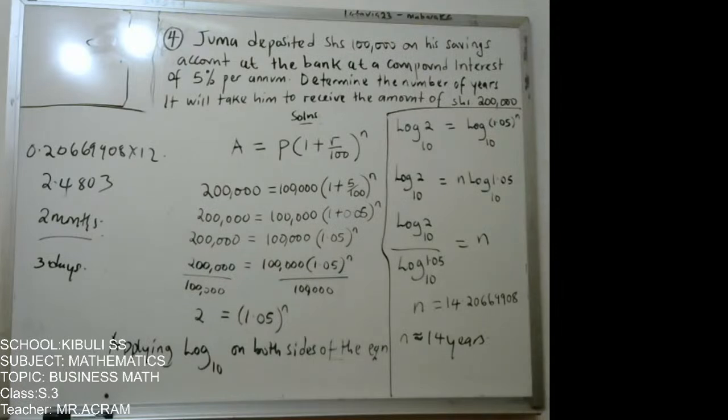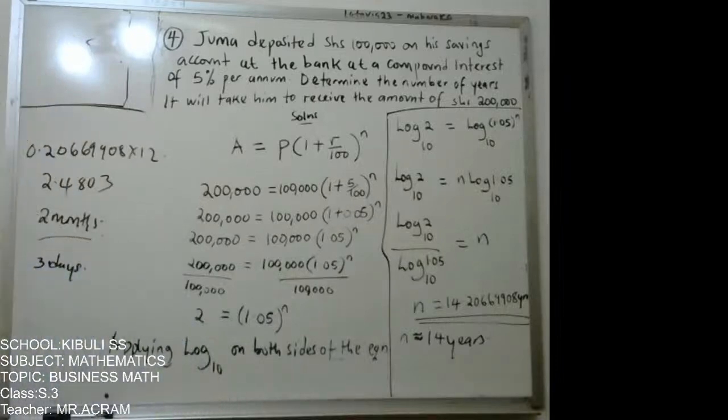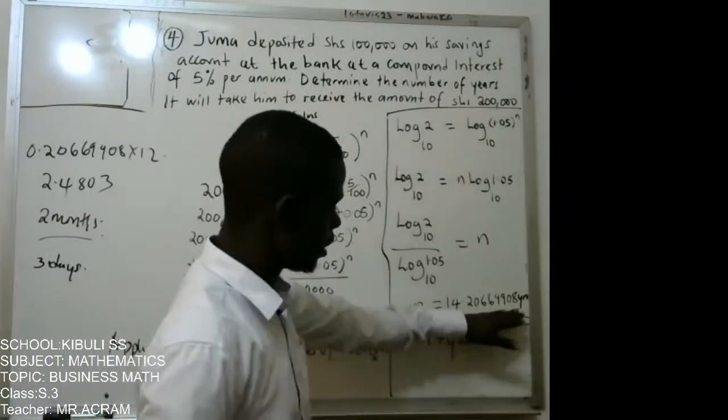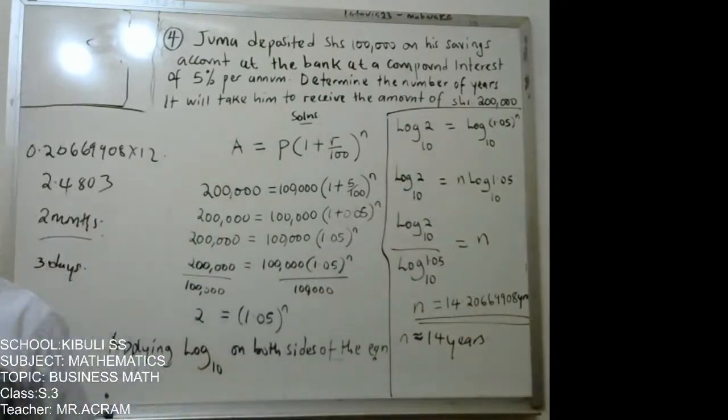But to be on the safer side, you can leave it like this, with the decimals, all of them, and you put it in years. There, no one will give you an excuse. Okay? This one is better.